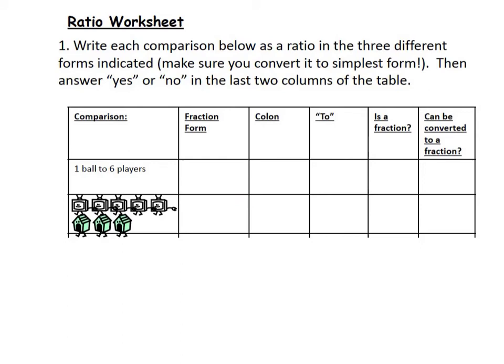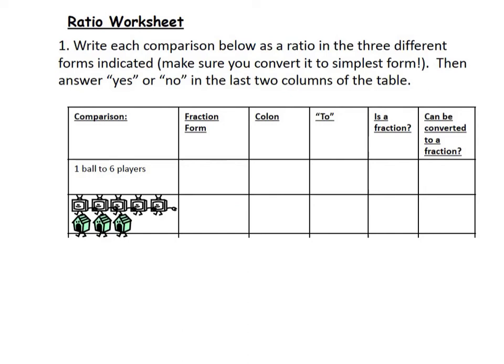Okay, so let's look at some examples that you can try. These are the first two problems from your ratio worksheet that you will be completing. So make sure that you understand because you will be doing these on your own in just a few moments. So the directions say write each comparison below as a ratio in the three different forms indicated and make sure you convert it to simplest form, always.